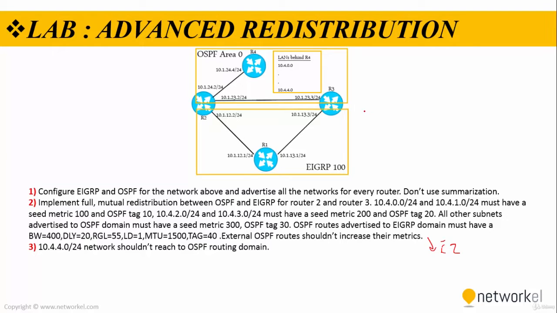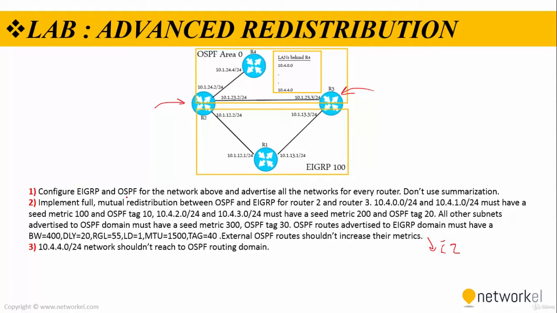Alright guys, I'm gonna start with the first step, but in this question, what I configure on router 2 will be configured on router 3 as well. So to save time, I'm just gonna configure router 2, okay? Then let's start with the first step.